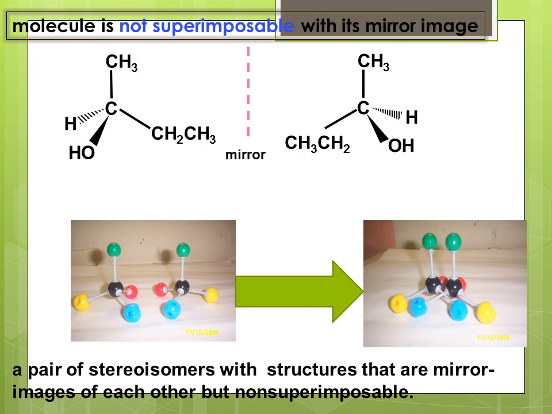Enantiomers have the same structural formula but different spatial arrangement of the atoms. They are mirror images of each other, but because of the asymmetry of their molecules, the two mirror images cannot be superimposed on each other.